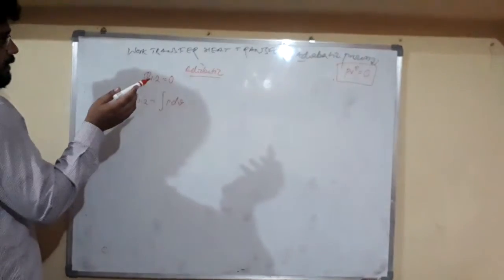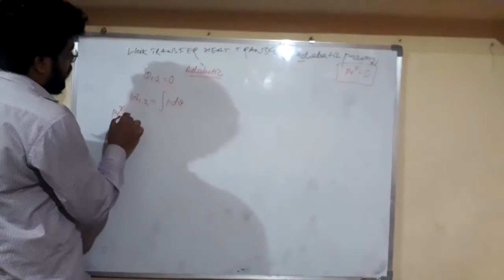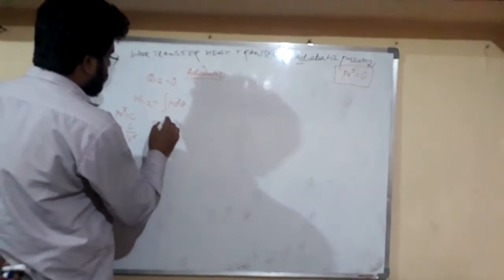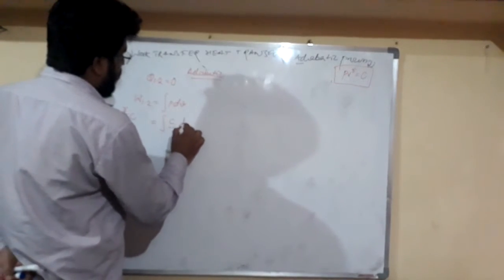And friends, we know that the general equation is PV to the power gamma is equal to constant. So P becomes equal to C upon V^gamma. So friends, we can write it as the integration of C V^(-gamma) dV.